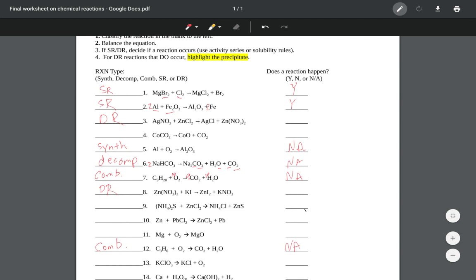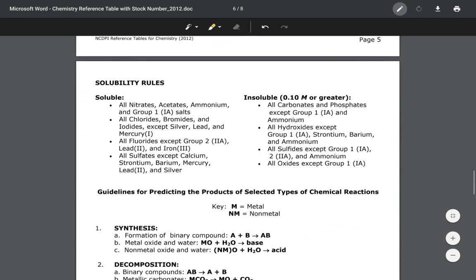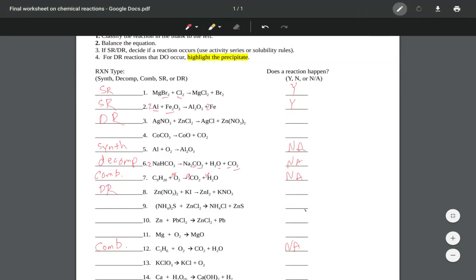For double replacement reactions, however, you need to see if you form a precipitate. So you go back to your solubility rules, and precipitates are things that are insoluble. So we're looking for something that fits into this category. So we need to check to see if the things we produce, our products, any of them are insoluble. So we have silver chloride right here.